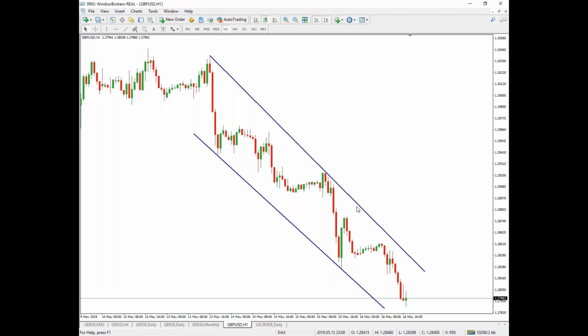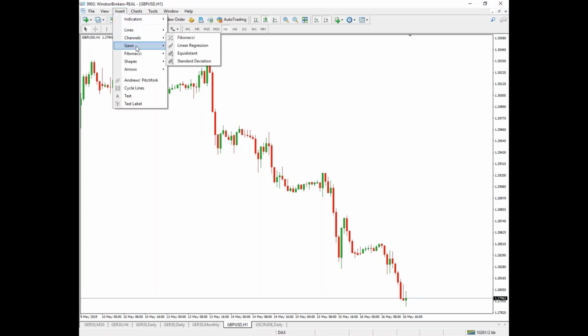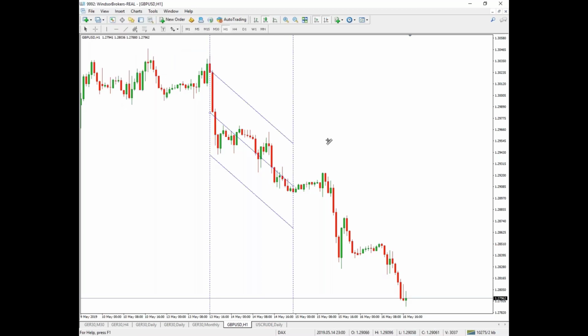Now there are other factors that we are not going to talk about now, but let's move back to our trend indicators. We are going to add them one by one to see how they point, where they point, and how they do. So let's remove first our trend lines. Let's put a linear regression channel. This is the first thing that will give us the direction of the market.